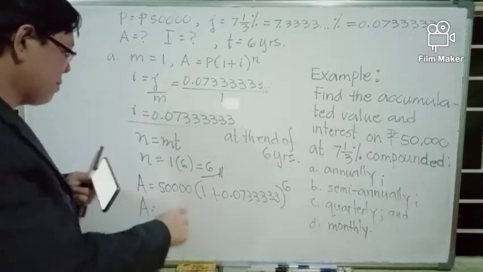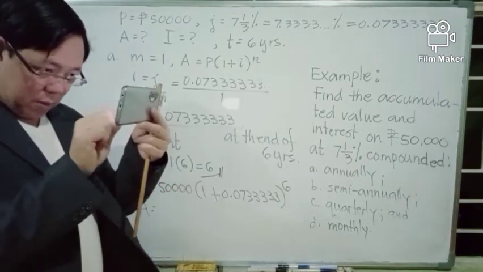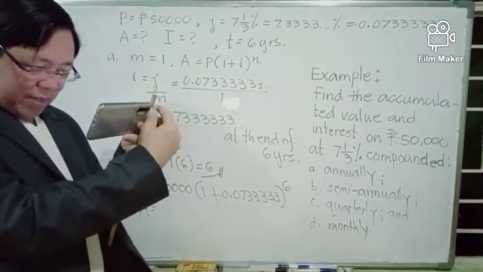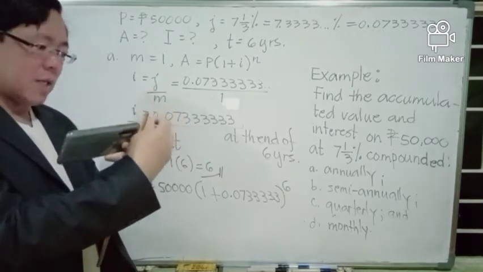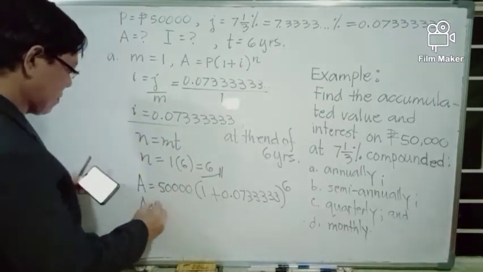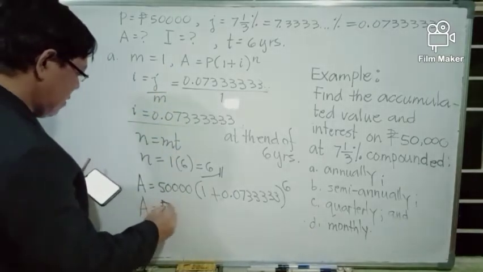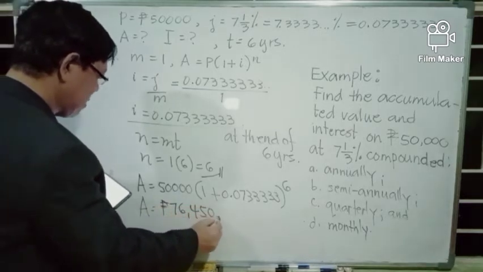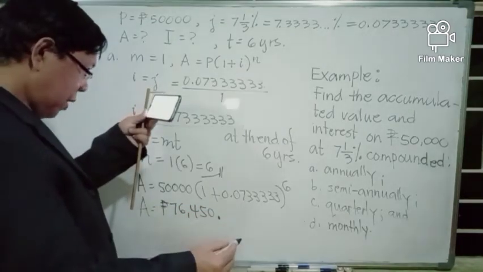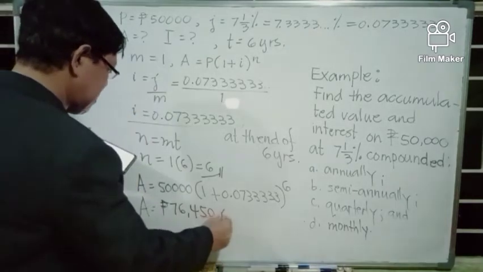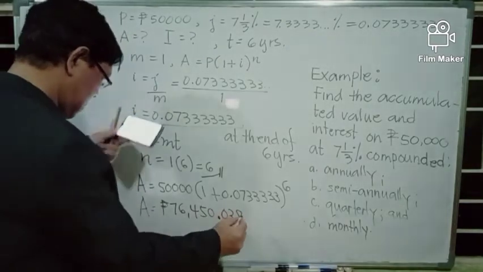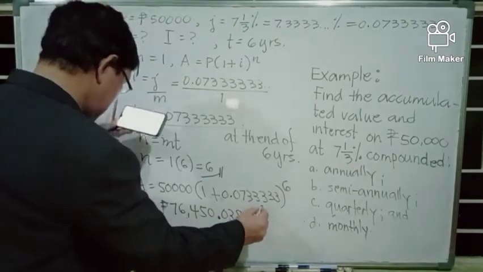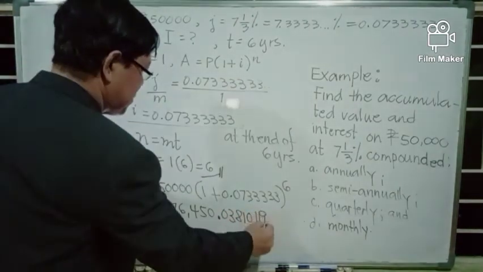And multiply by 50,000 pesos. And you should get 76,450.038 1011952.